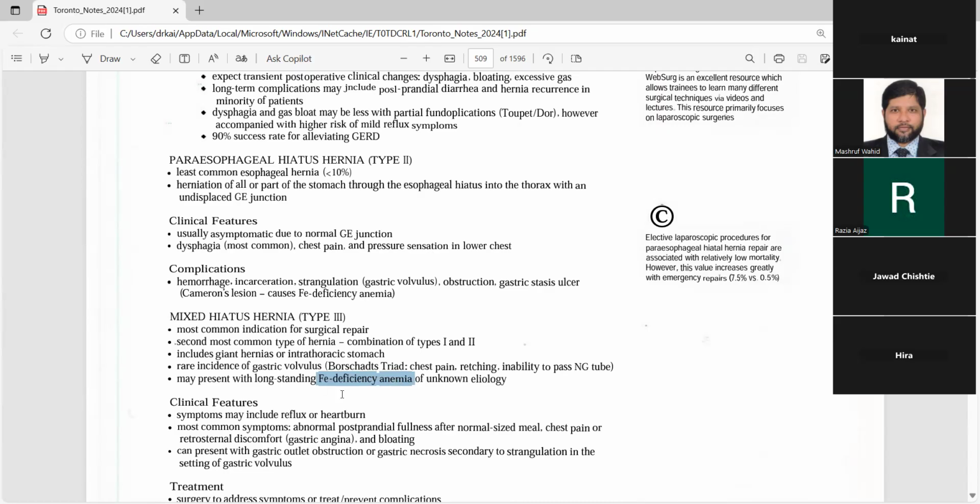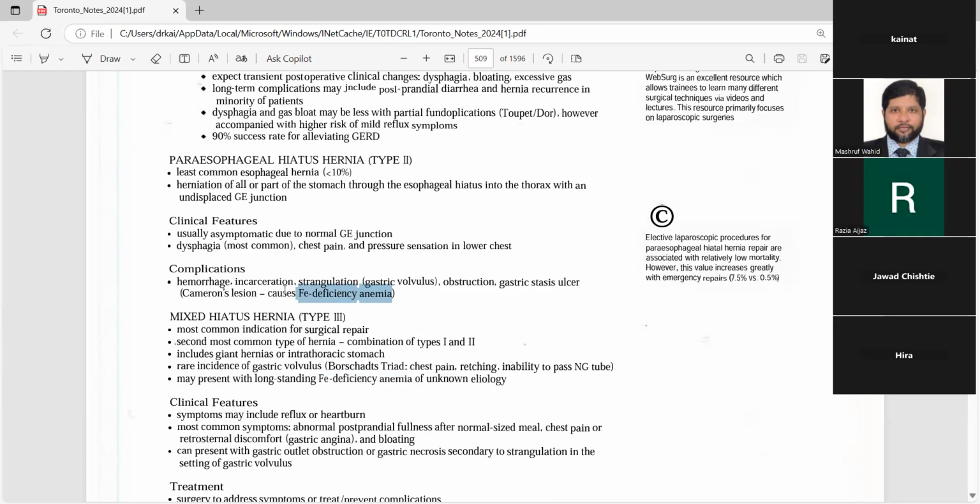This is something they can ask you in questions, giving you a hernia case and giving you iron deficiency and now asking you to make a diagnosis. If you have read it thoroughly, you know whether this is the mixed hiatus hernia or something else. If you haven't read it, you can even see it from here. Fe deficiency anemia is basically the paraesophageal hiatus hernia. But if you have read it thoroughly, what is the difference between the two?